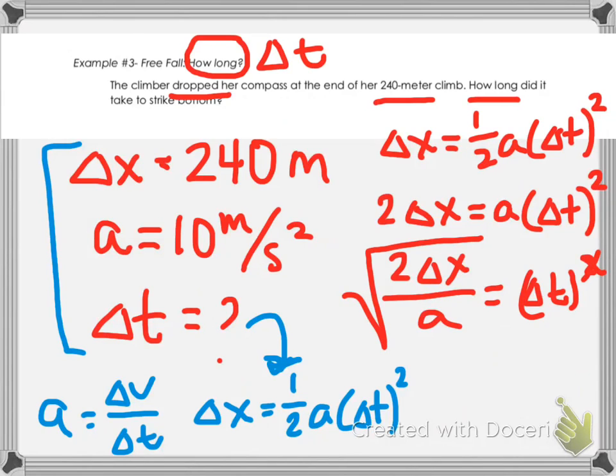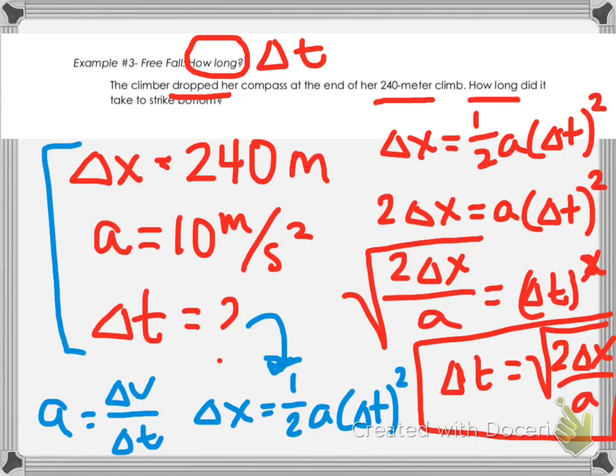So my equation is going to be delta t equals the square root of 2 times delta x over a. So this is the actual equation that I will be using. I will give you that equation since it's a little bit more complex of a rearrangement. So make sure you have that on your paper boxed so you know that's the equation I'm going to give to you.